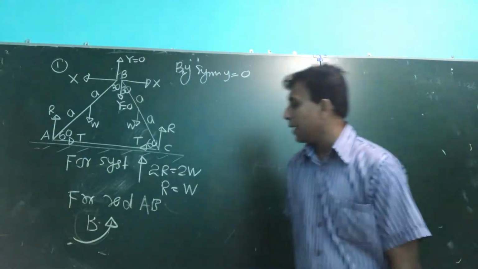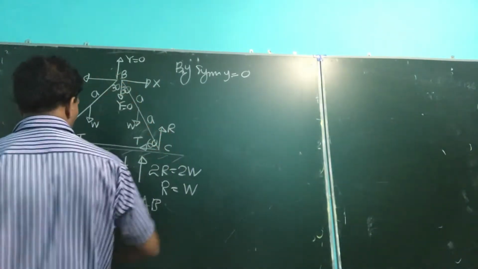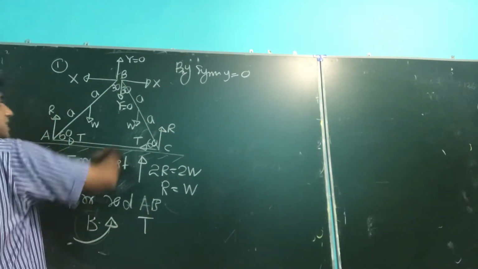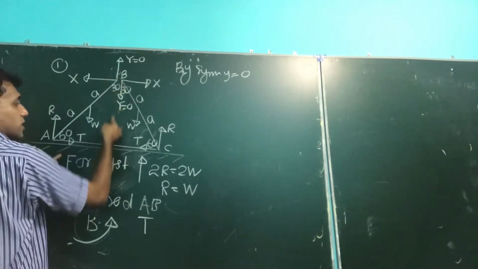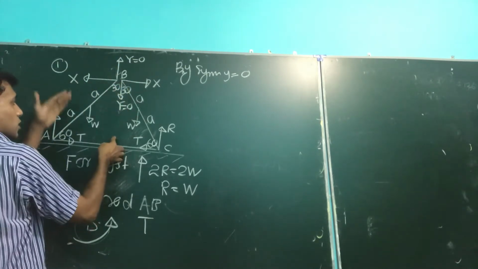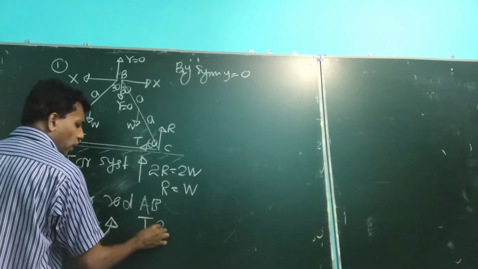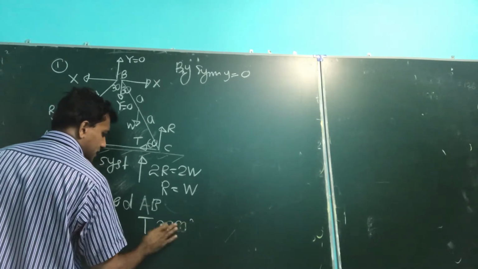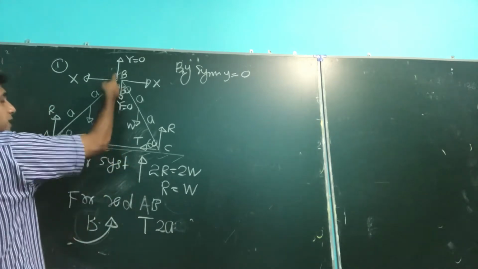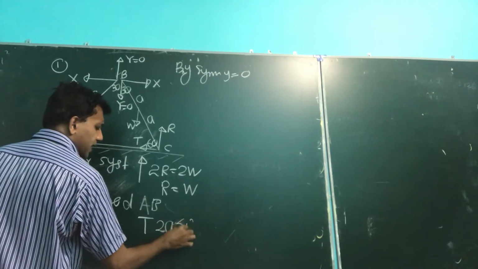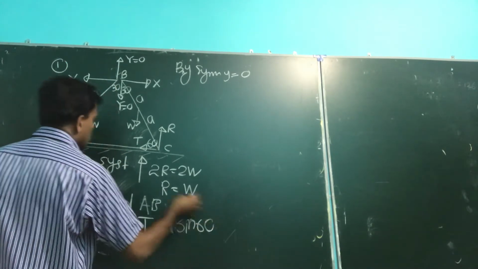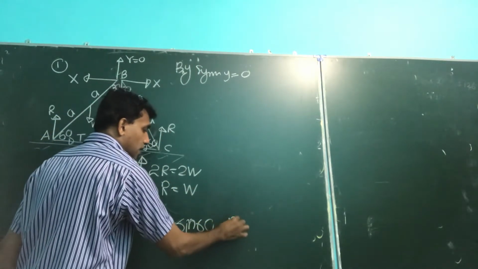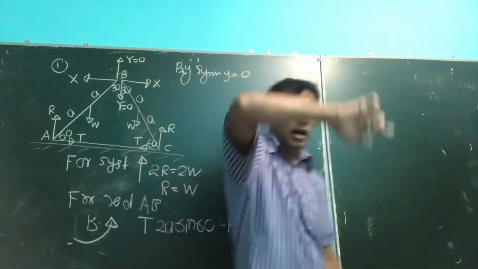So for rod AB, taking moments about B, this direction T into the vertical distance, 2a sin 60. Okay, 2a sin 60. Here 2a cos, I need the vertical, 2a sin 60. This minus R, now minus R, in the other direction, R on the other side, right?